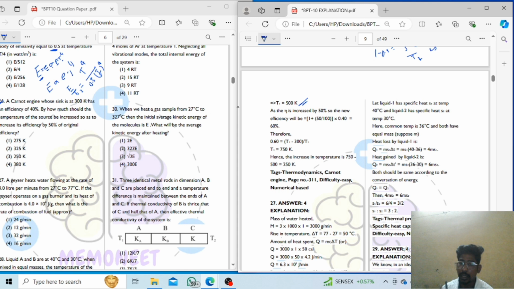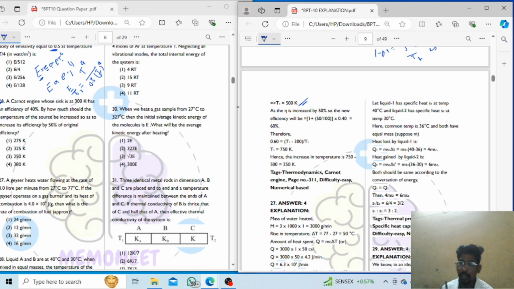Question number 29. A mixture of gas contains 2 moles of O2 and 4 moles of argon at temperature T. Neglecting all the vibrational modes, find the total energy of the system. Total energy is given by the formula (f/2)nRT, where f is the degree of freedom, n is the mole number, R is the universal gas constant, and T is the temperature.